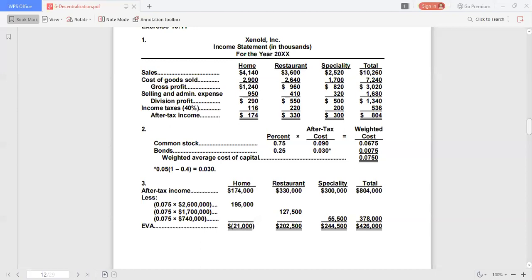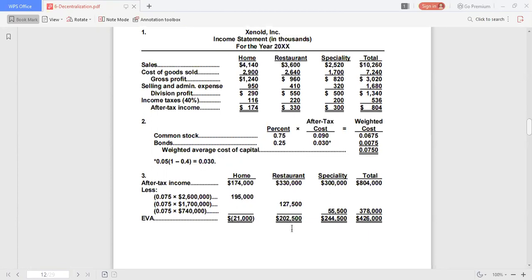So as stated, the income tax rate is 40%. Now, comment on the performance of each of the divisions, to the extent that each division now has its own income as well as its own EVA already computed.